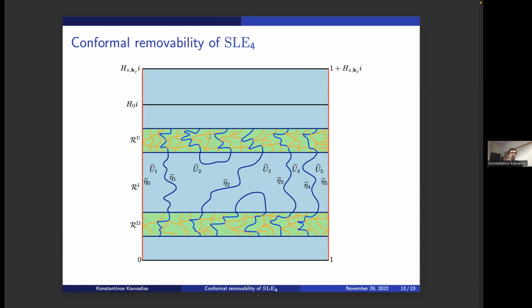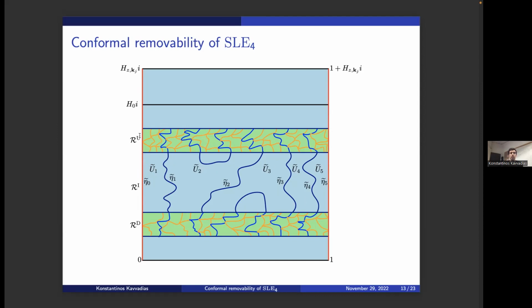So here we have a bunch of crossings. We discover other crossings as well, apart from the crossings that we need. So here, these blue crossings in the upper and lower rectangles will be part of the original crossings eta j tildes. And here will actually be the continuations of the crossings when restricted in the mid rectangle here.